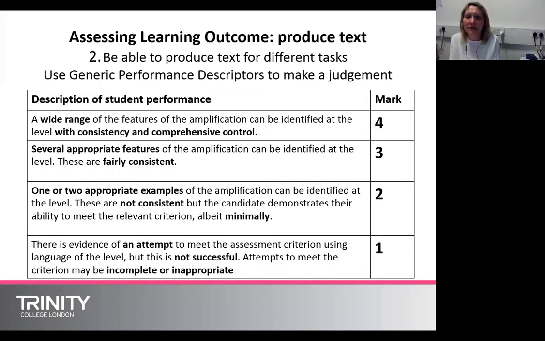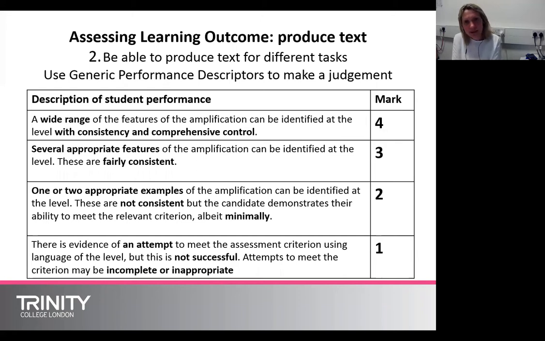Does that mean it has to be every single thing on that list? No, a wide range doesn't mean, you know, it's not a tick list. The candidate might not be able to demonstrate every single item, especially for the grammar criterion, but they have to demonstrate a wide range of features.